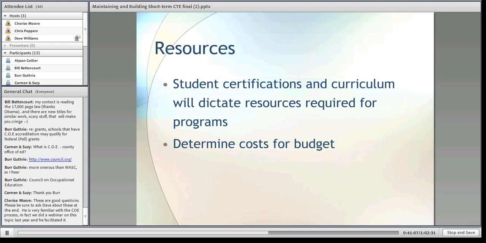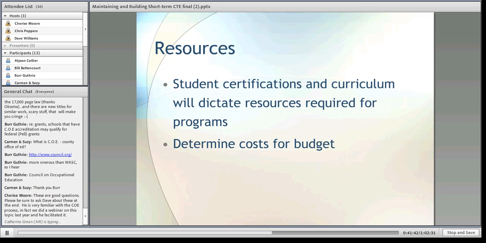Resources. Resources, we're talking about what things do you need outside of curriculum and in that's in terms of equipment program. If it's a welding program, clinical practice that's required.